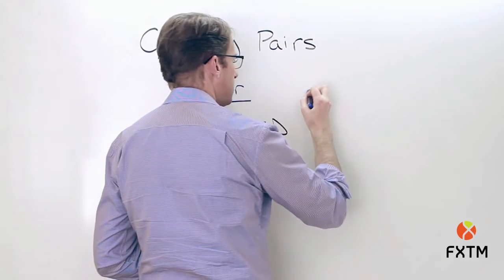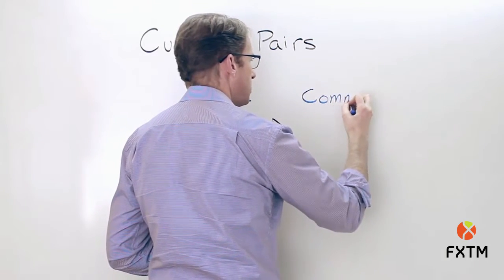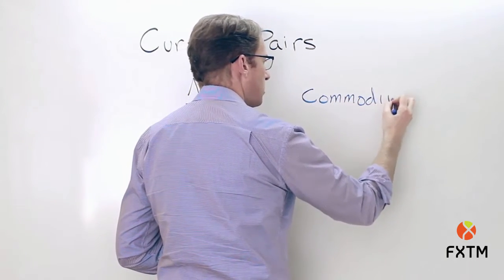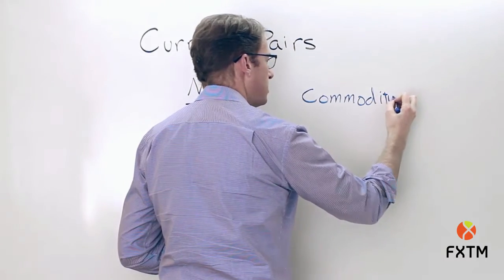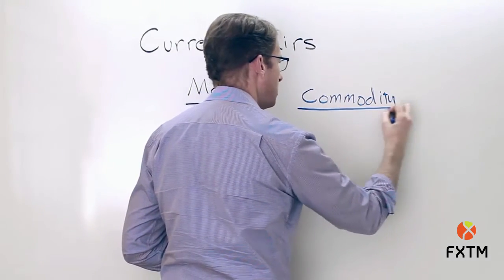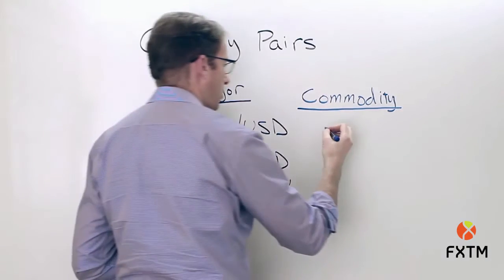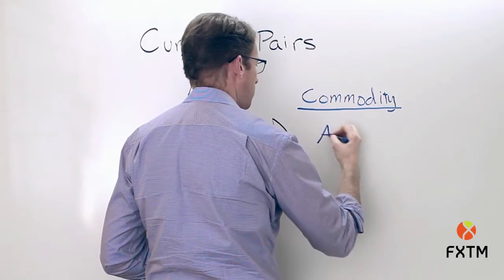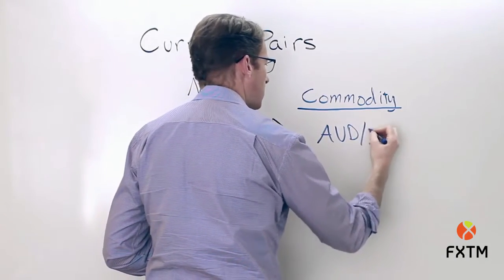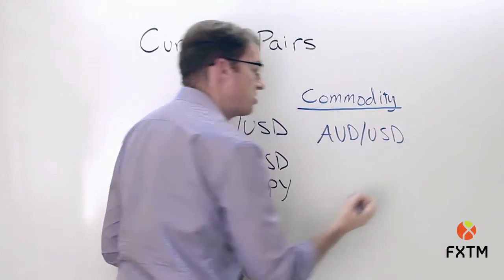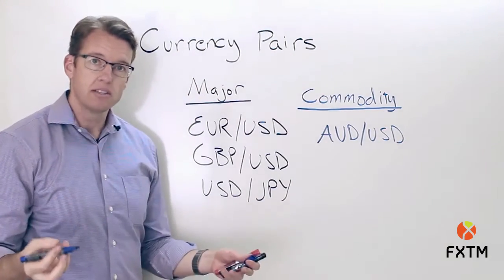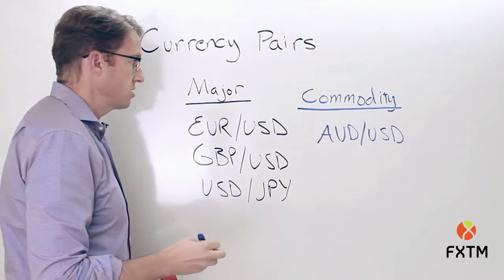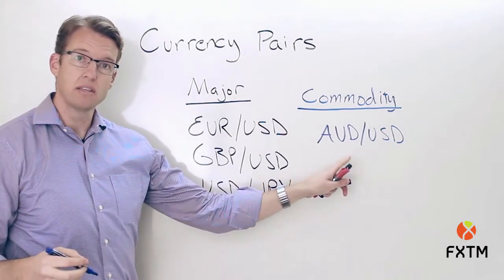And these are the commodity currencies. A commodity currency is a currency that is going to be very sensitive to changing values in the commodity market. One that you can imagine right away would make sense is the Australian dollar to the US dollar. About 8% of all Forex trading, according to the Bank for International Settlements, involves the Australian dollar.